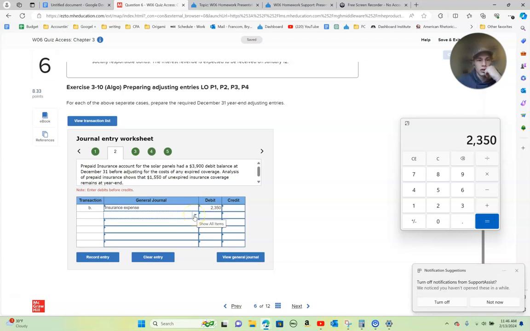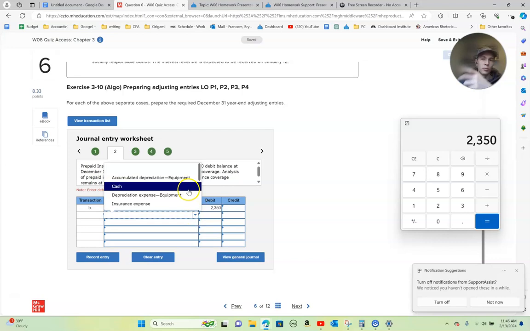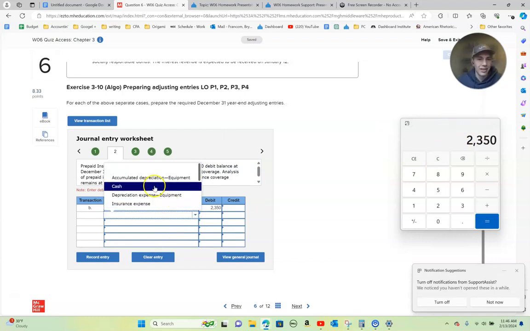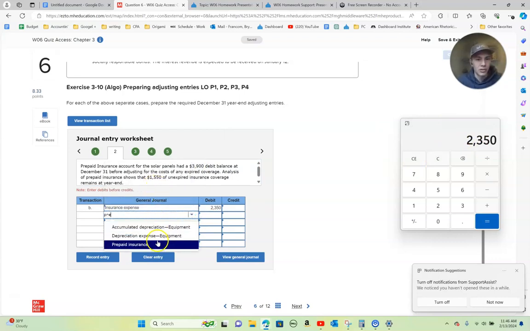And then to counteract that, we want to take away from our prepaid insurance because our prepaid insurance was 3,900 and now it's 1,550. So we need to credit that because this was an asset that they had and they're taking away the 2,350 from it. Hope that makes sense. Prepaid insurance, 2,350. Sweet.